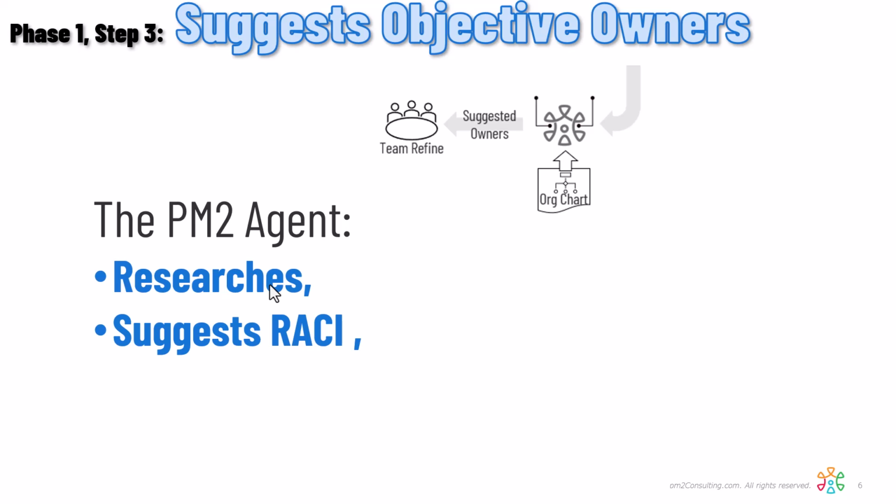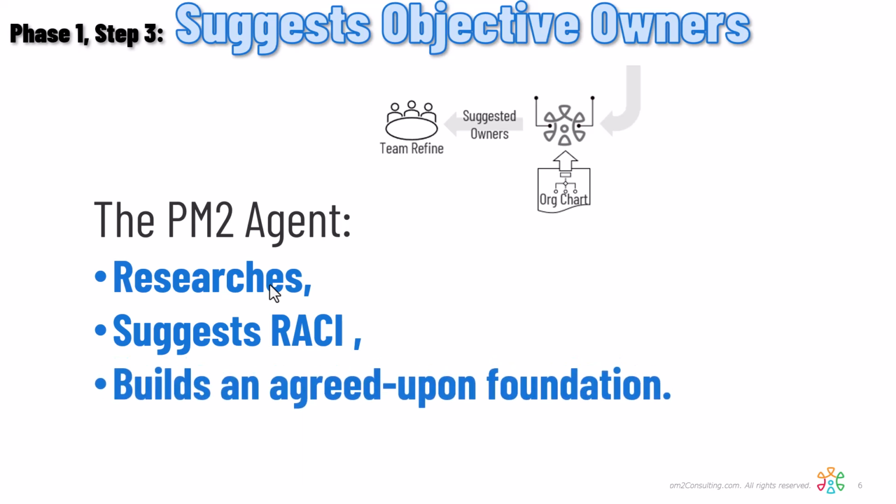Again, it's going to send that to you for you to refine. But you can see what the agent's doing is it's taking away some of the administrative burden and stuff that's pretty straightforward. So you just have to do the research. It does the research for you and comes up with those suggestions.